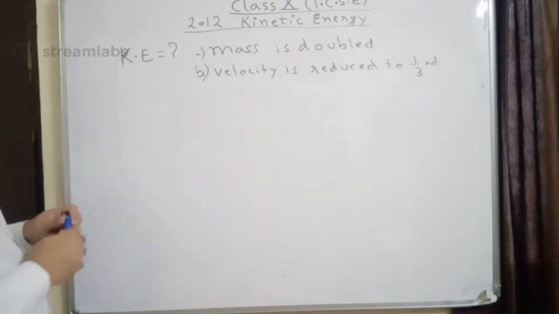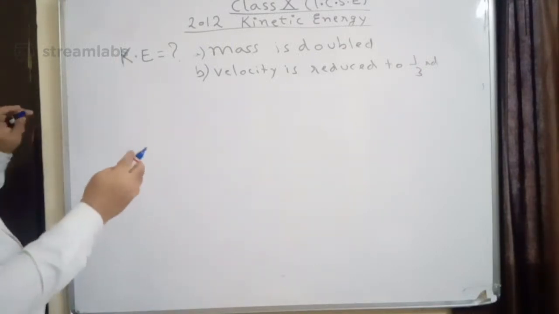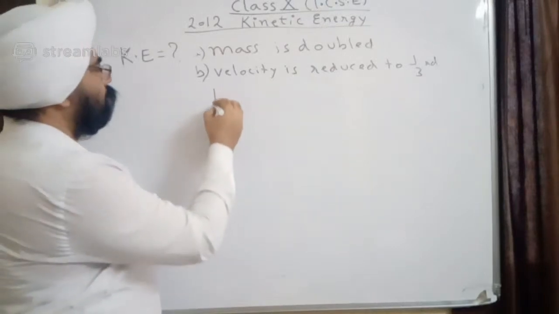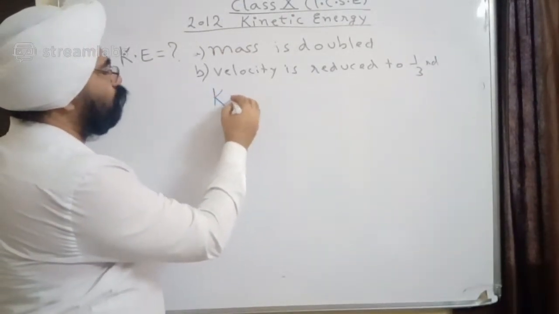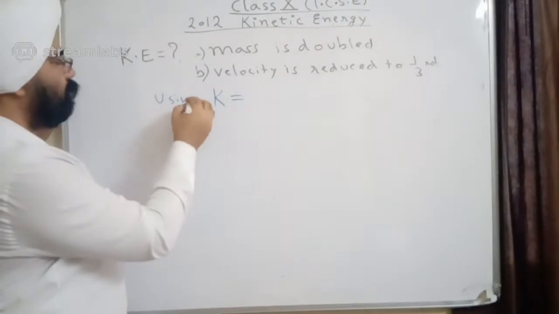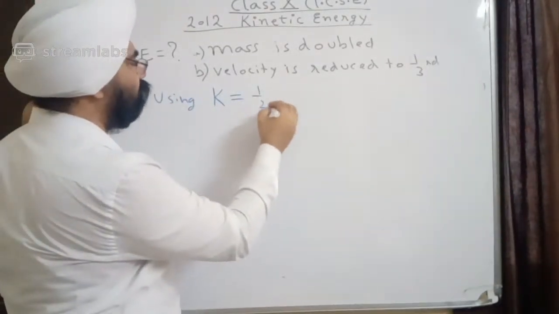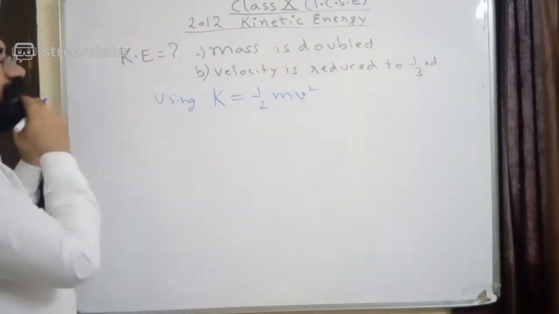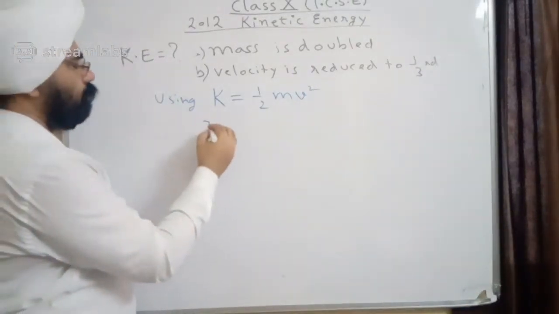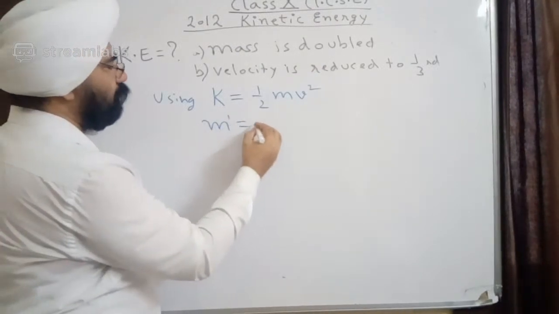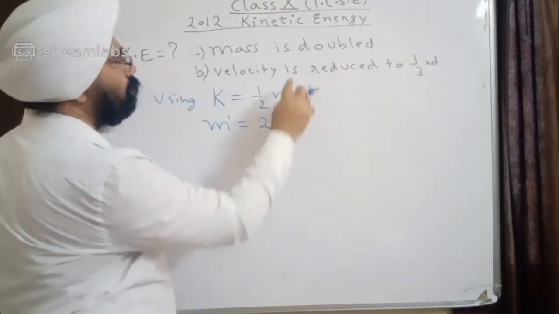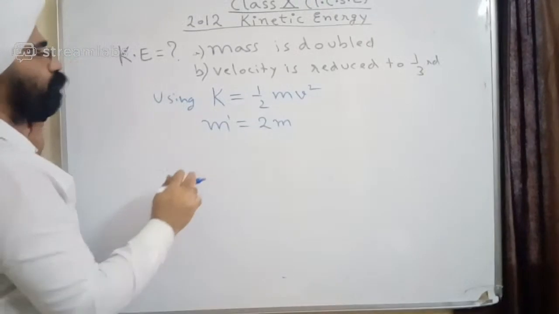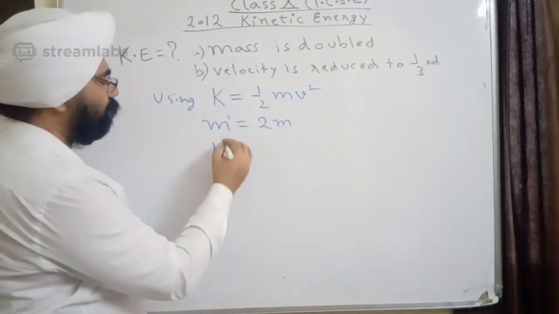Now we say let the kinetic energy K be equal to half mv square. And we say that the new mass m dash is equal to 2m. They say it is doubled, so it becomes 2m. So what does k dash become?